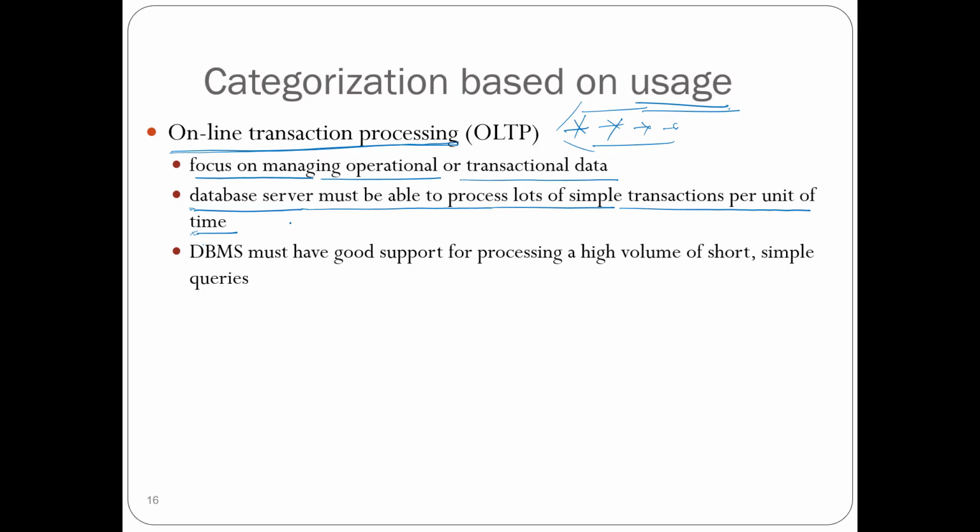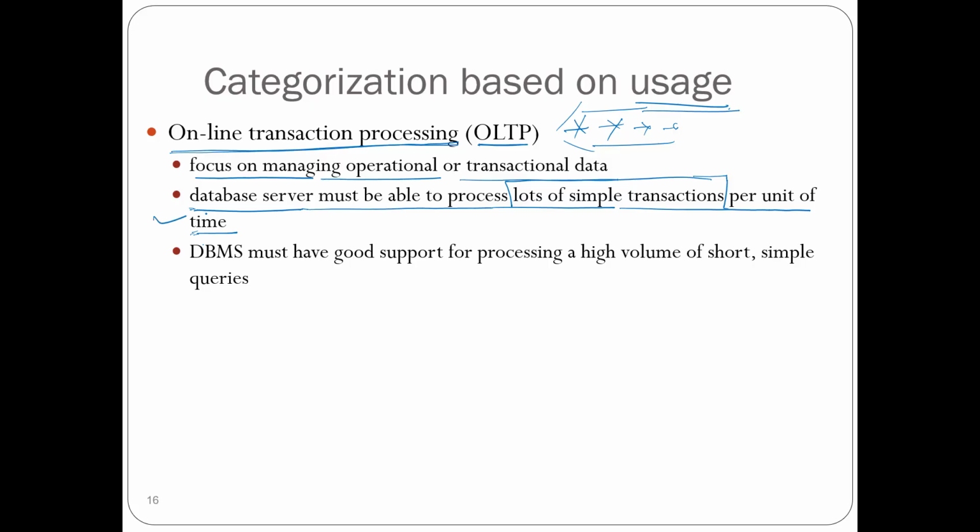So these transactions are going to be simple. There are going to be a lot of simple transactions happening at multiple Walmart stores in maybe one second. These kinds of transactions are to be handled by OLTP, online transaction processing.